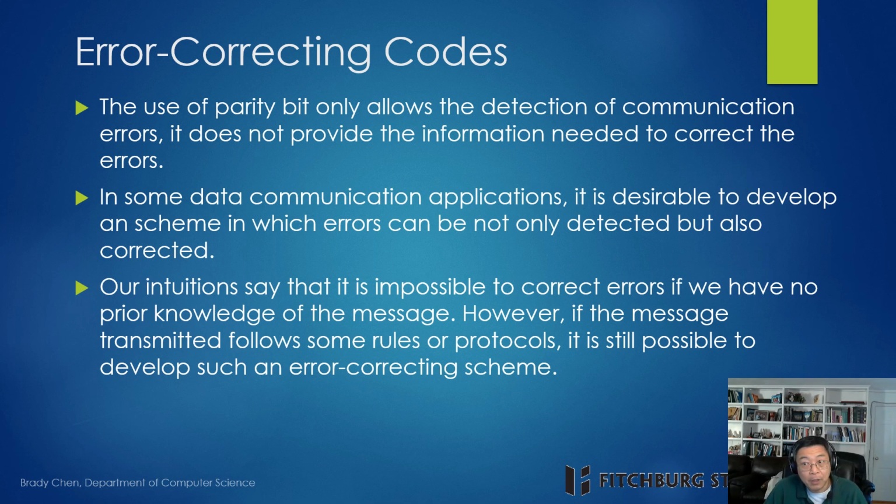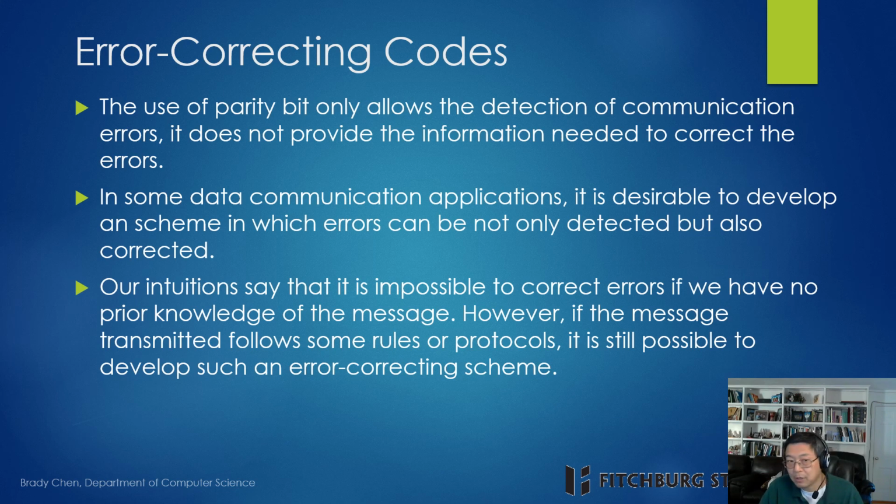It sounds difficult, right? Our intuition says that this is not possible, because if we don't communicate with the sender, how can I know that the error happened during the transmission? However, if the message transmitted follows some kind of rule or protocol, it is still possible to develop such an error correcting scheme.